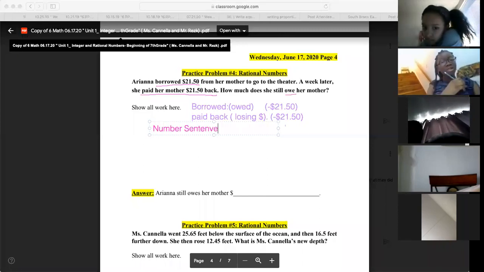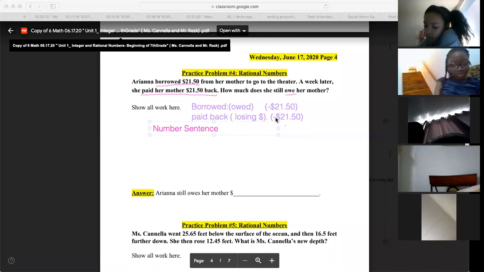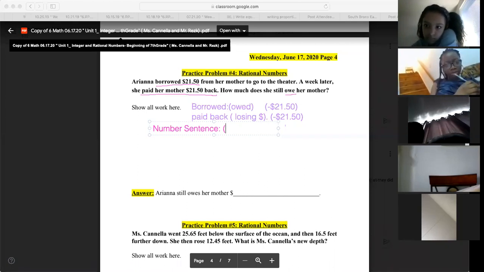So isn't paid back supposed to be positive then? Yeah, we have to change. You're right. So she's losing her own money, but I get what you're saying. If you pay money back to somebody, you're losing that amount of money.